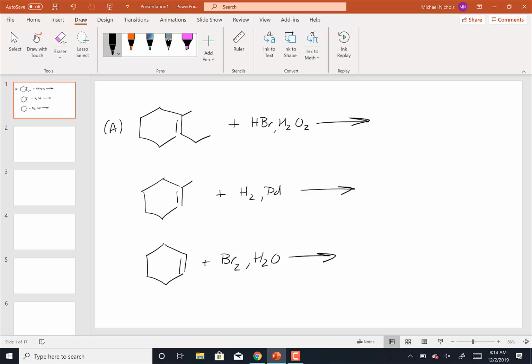You're sure about the stereo? And remember, now you have the listing of the reagents. So if you don't have that completely up here, you can always take a look at that listing and see if that helps.